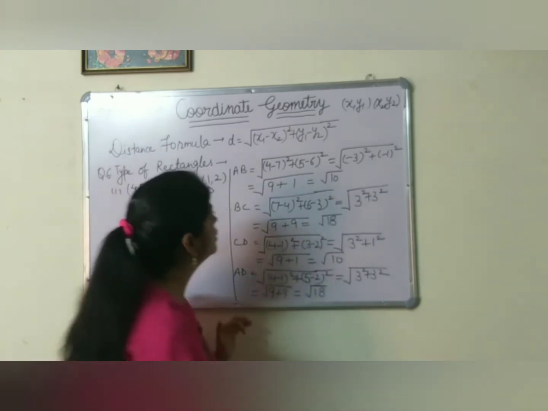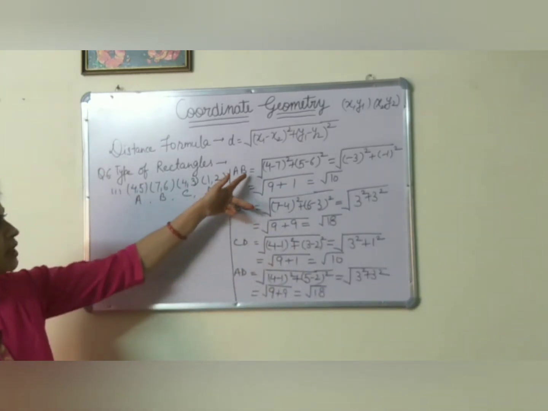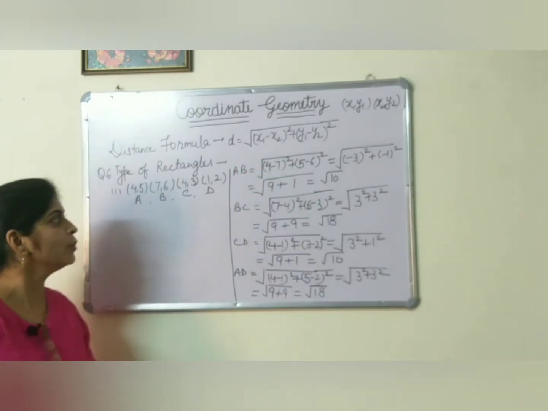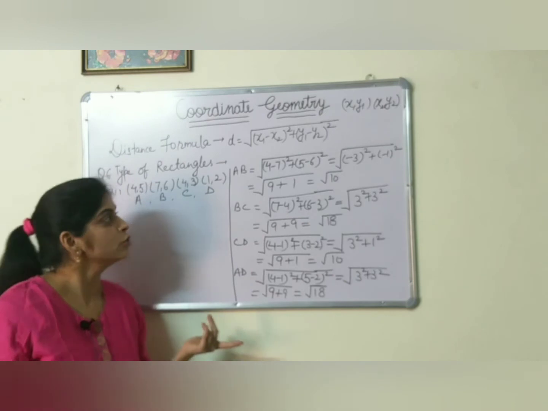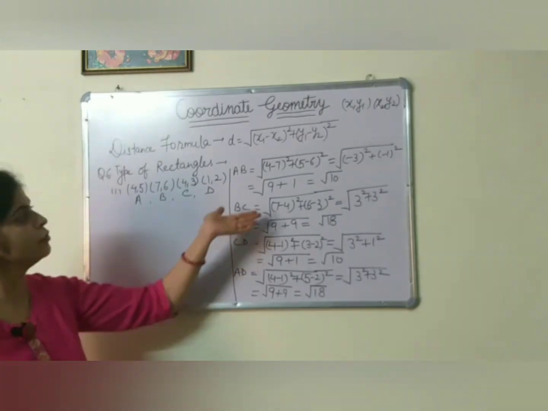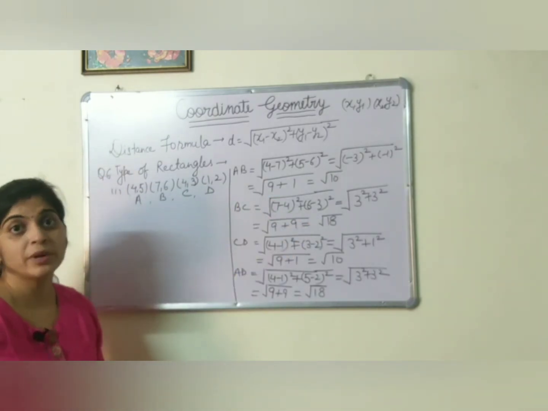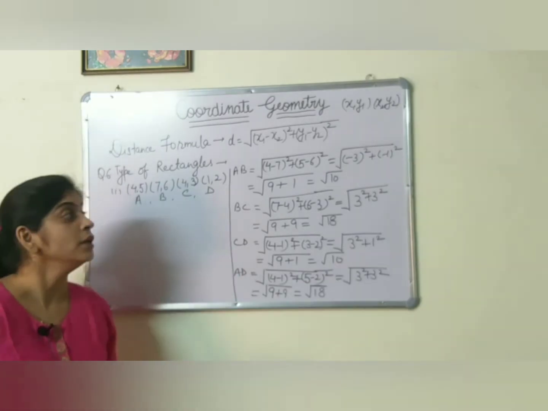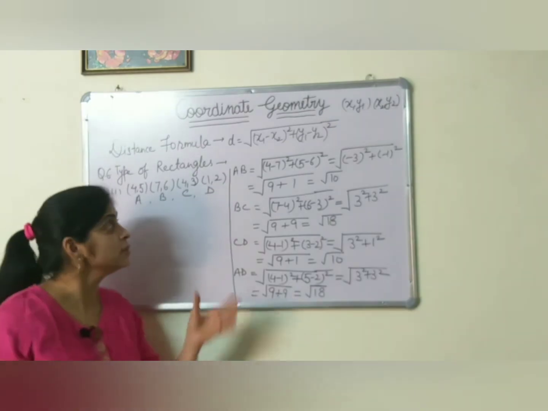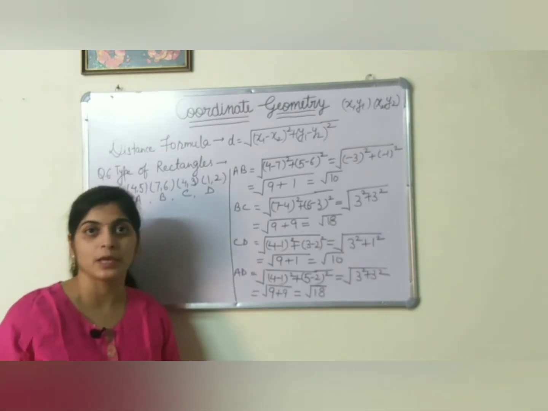So we can see here that the pair of two opposite sides is equal. AB is equal to CD and BC is equal to AD. So it is a probability of parallelogram as well as rectangle, because in both the shapes the opposite sides are equal.